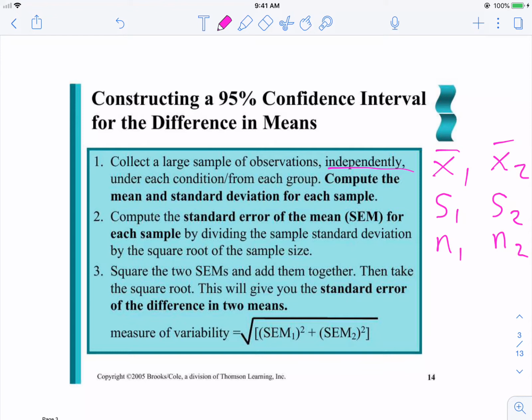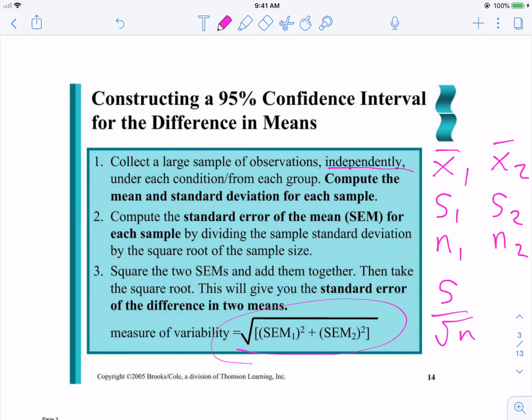We're going to calculate the standard error of the mean for each sample by dividing the sample standard deviation by the square root of the sample size. We remember that from our previous section. Then we're going to square the two standard errors, add them together, and then take the square root. This gives us what we call the measure of variability.